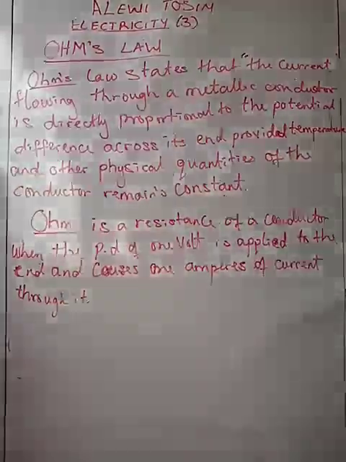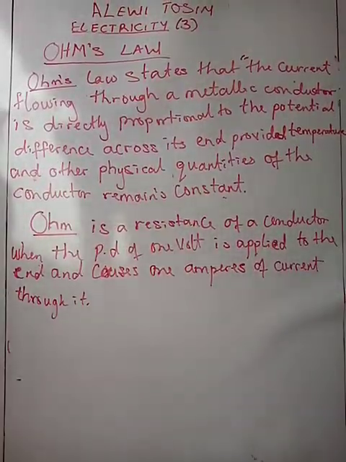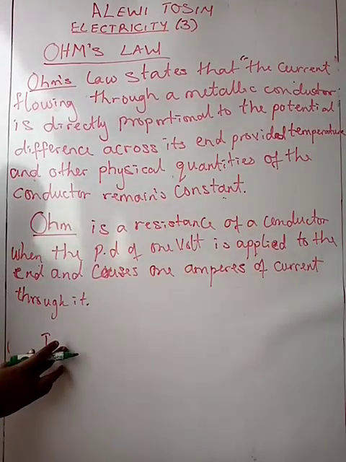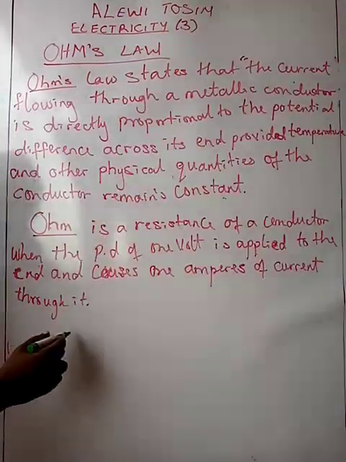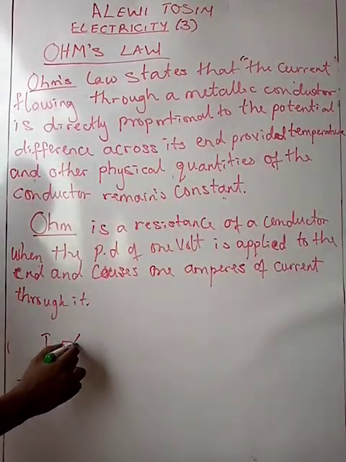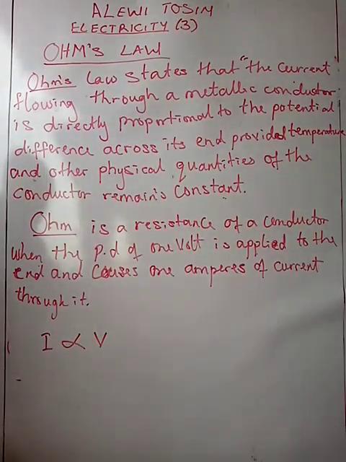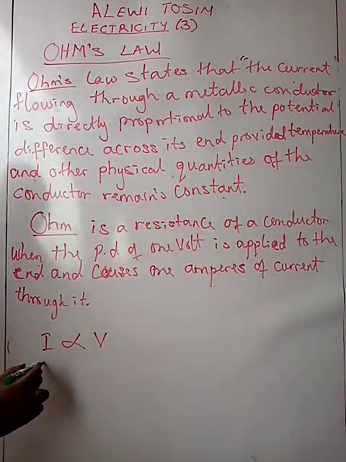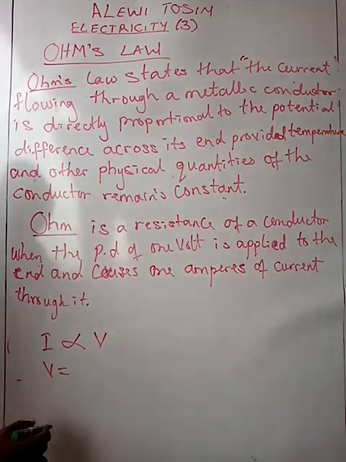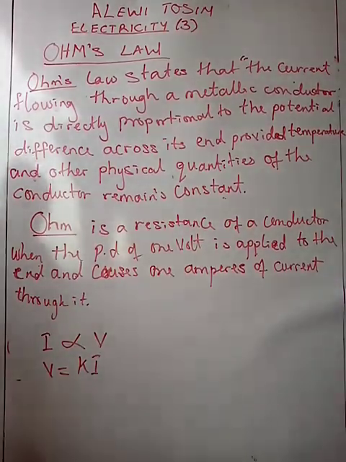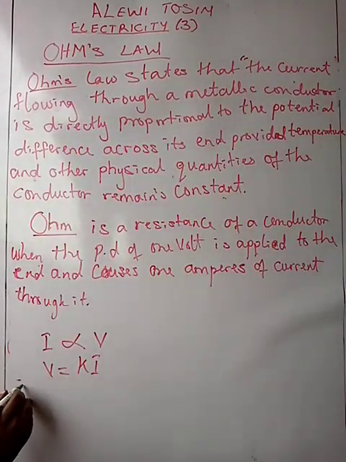Our current I is directly proportional to potential difference V, which means that we can say V equals K I, where K is the constant.